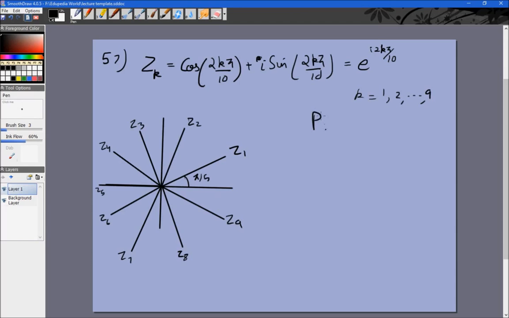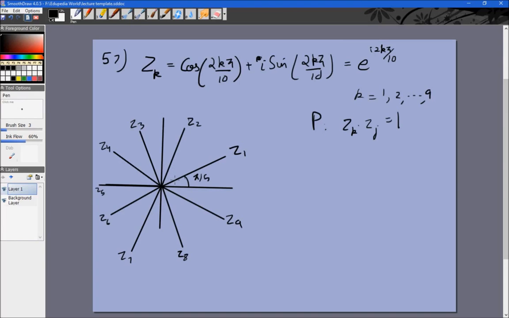P option says, for each Zk, there exists a Zj such that Zk Zj is equal to 1. That means their multiplication is 1. Right, so if you multiply them and they have the same modulus, that means the angle will add up. Take Z1. You need to multiply Z1 by something so that it will give you 1.